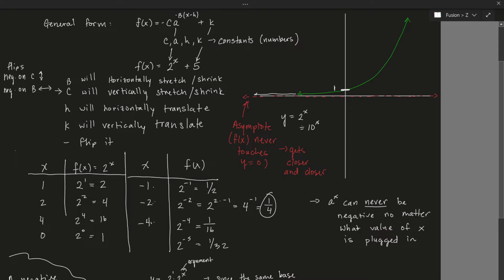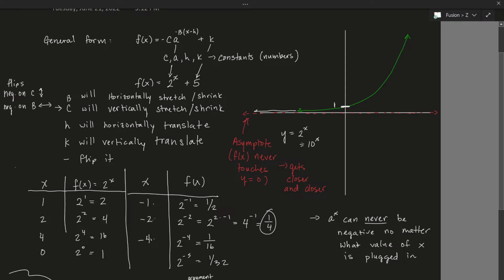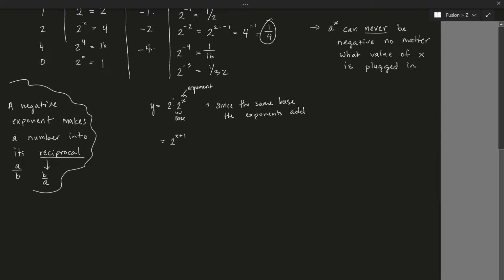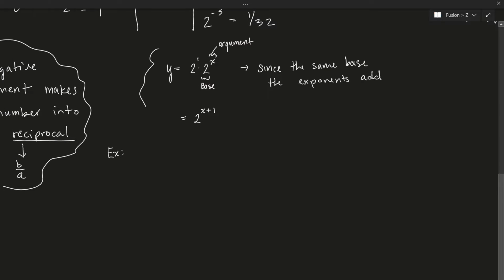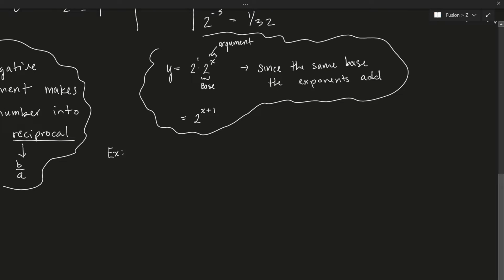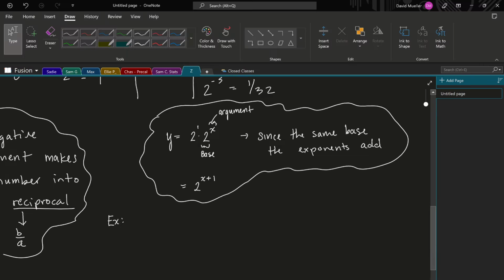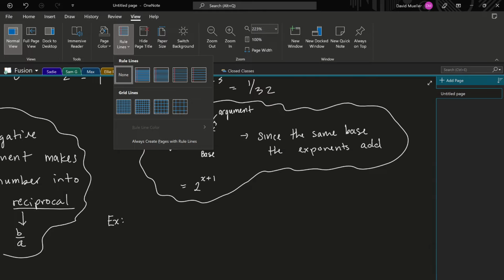these functions. So we could say that, for example, if we had this function, let's say we had, put the rule lines back on.